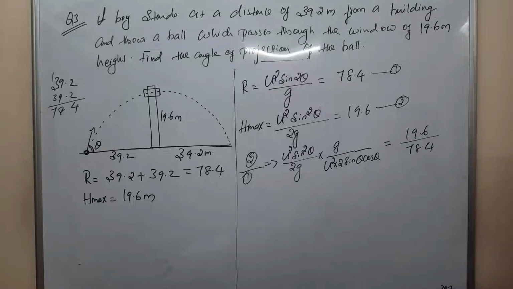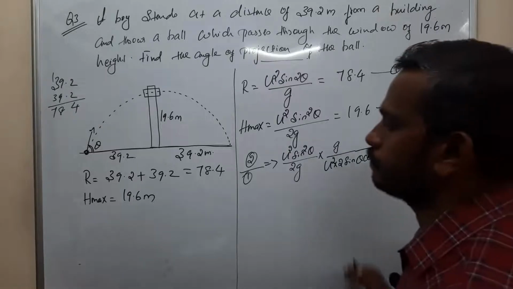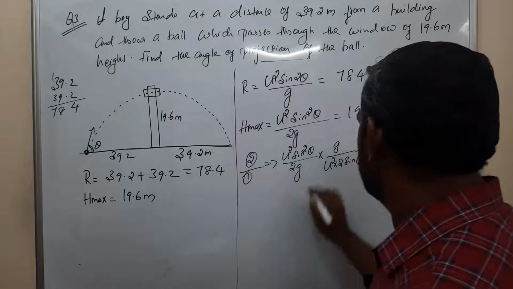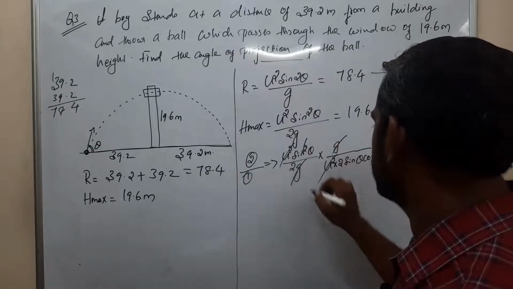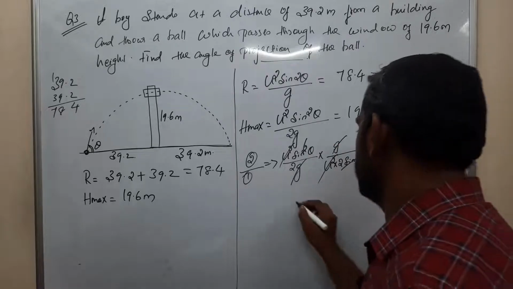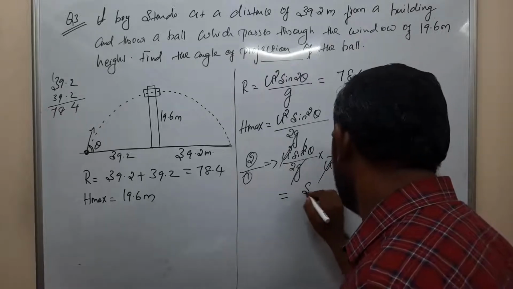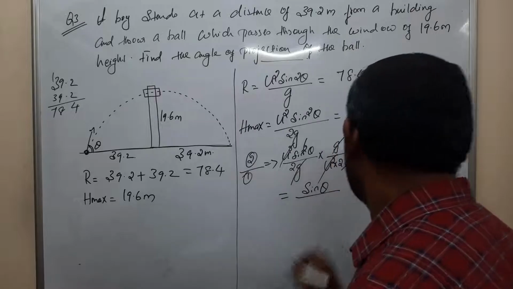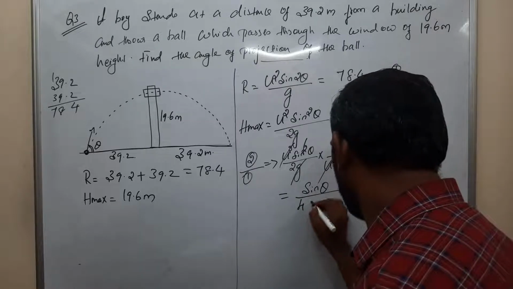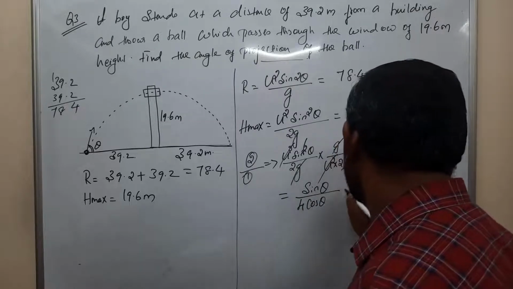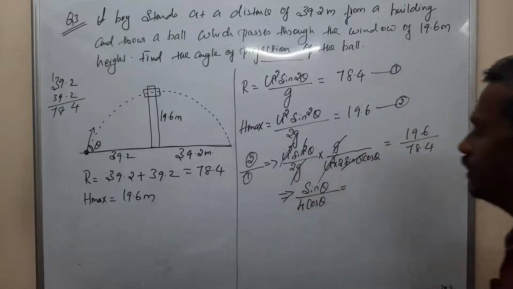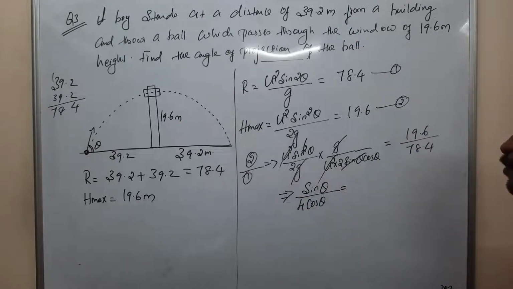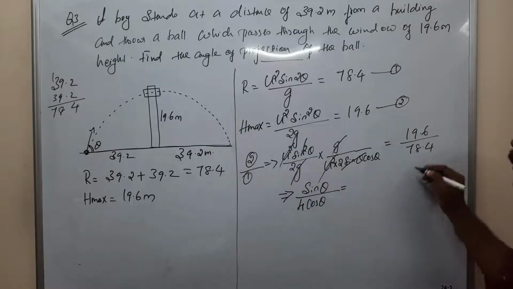So the g cancels, u square cancels, and one sin theta cancels with the other. So that's equal to sin theta divided by 4 cos theta is equal to 19.6 divided by 78.4.